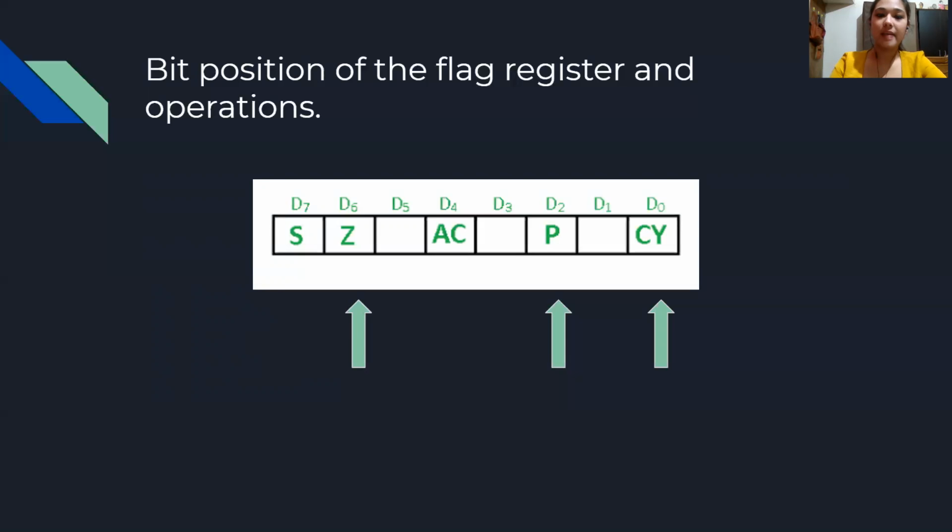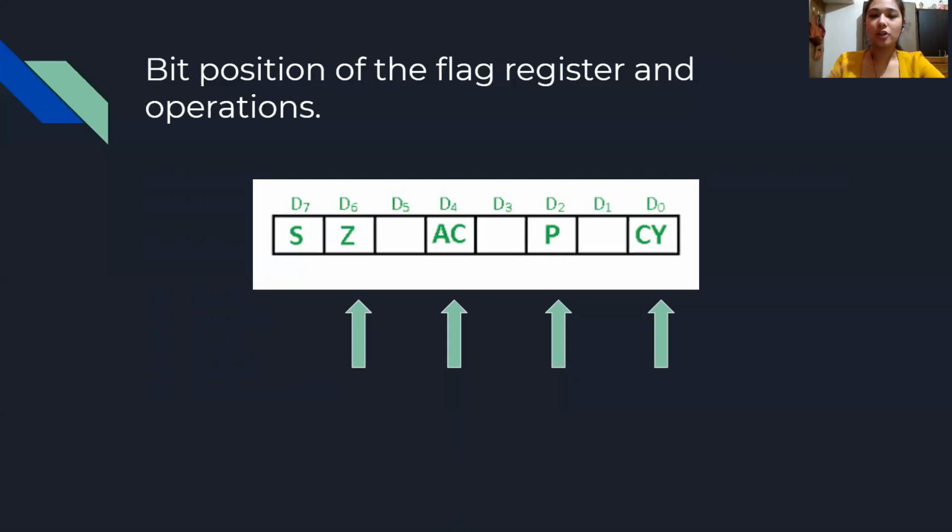Okay, next we'll discuss the auxiliary carry. Now the auxiliary carry only comes into the picture when we talk about the binary coded decimal operations, popularly known as BCD operations. So we know that one byte has 8 bits and 4 bits is equal to 1 nibble, and 1 byte equals 2 nibbles.